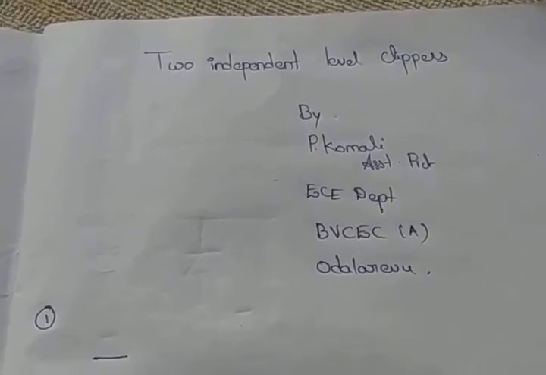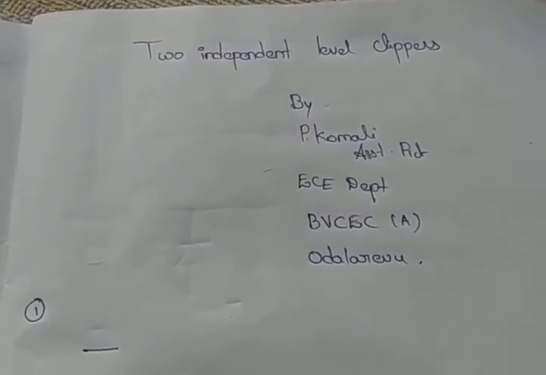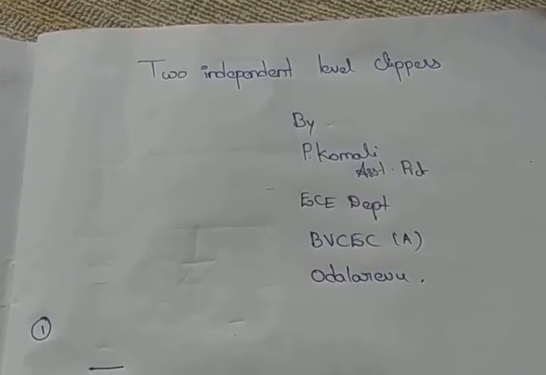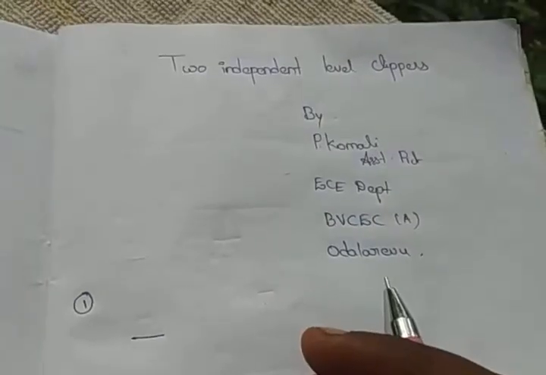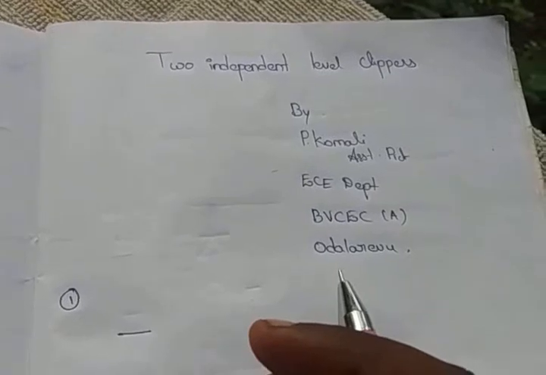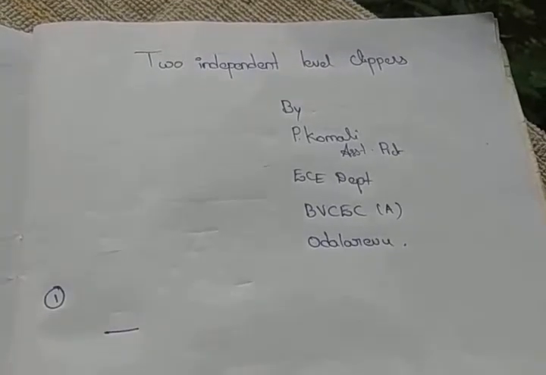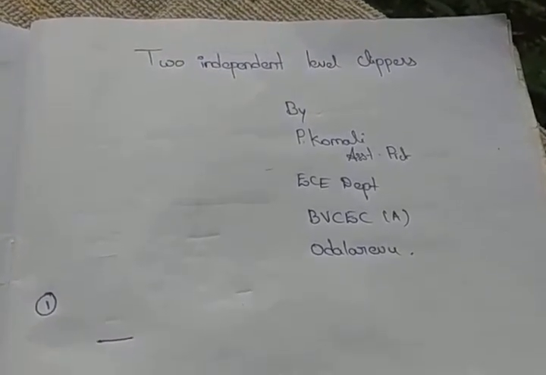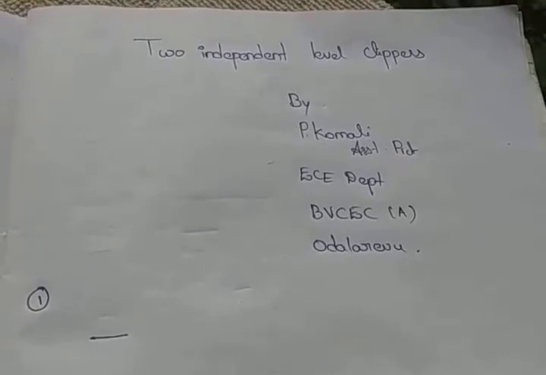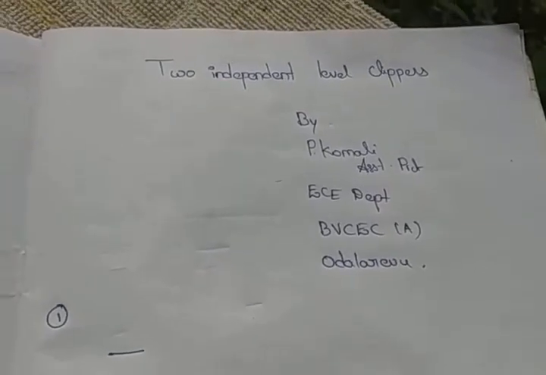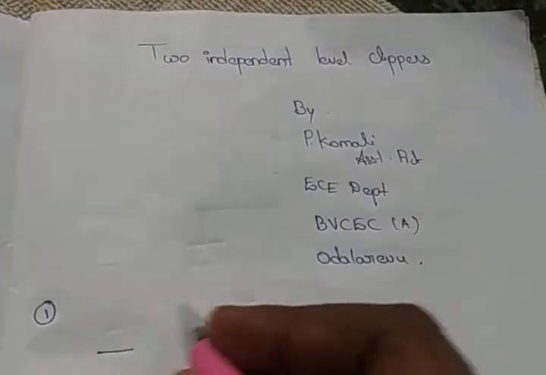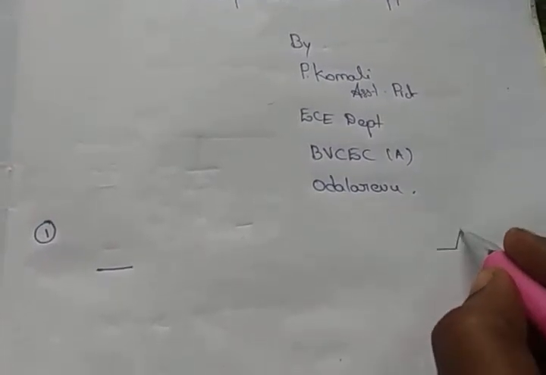In this lecture, I will explain two independent level clippers and also the applications of clippers. Two independent level clippers come under both side clipping. That means we can clip two portions from the input, so we get an output like this.